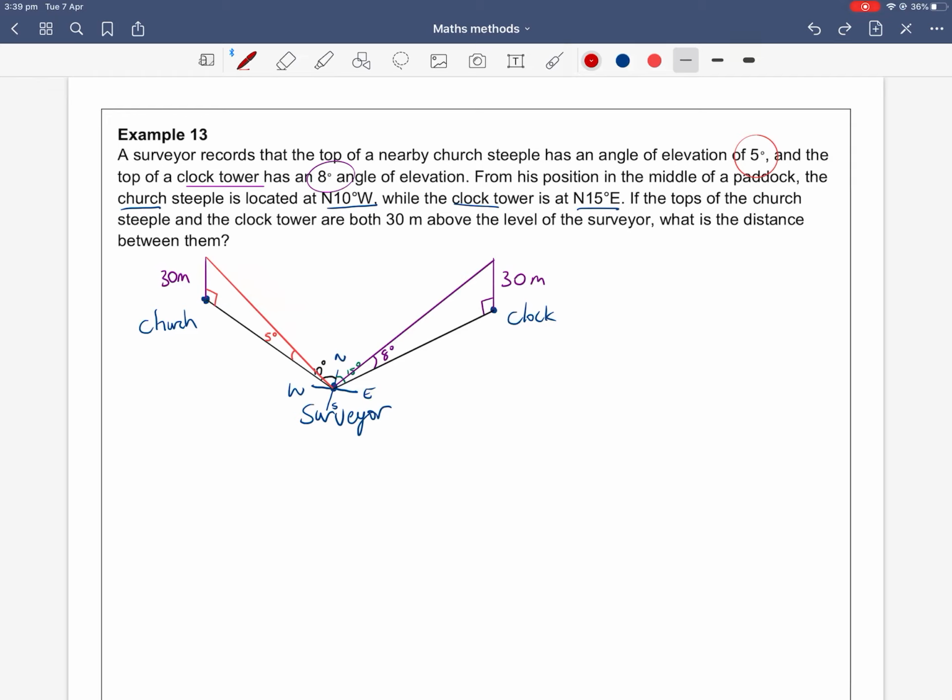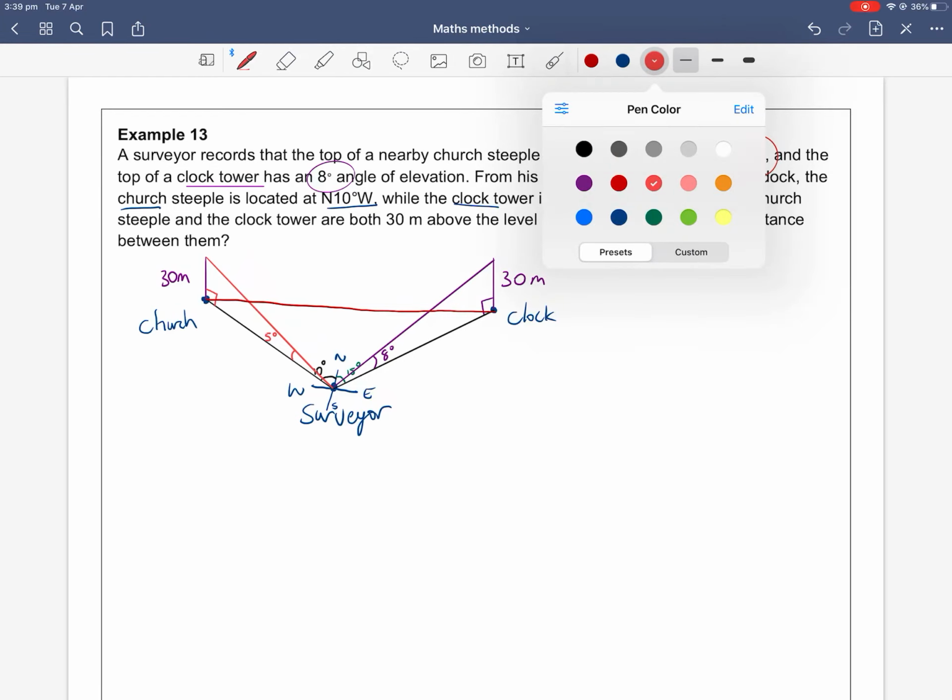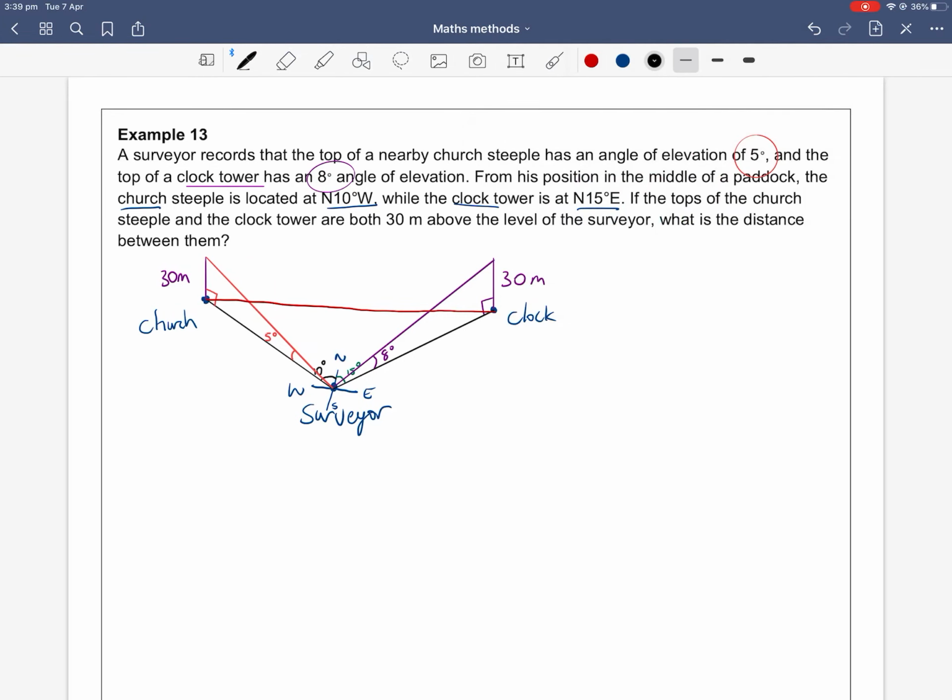Okay, this is not working. I don't like how unstraight. That will have to do. We're trying to work out that red distance there, which we can call x. That horizontal distance x between the church and the clock.